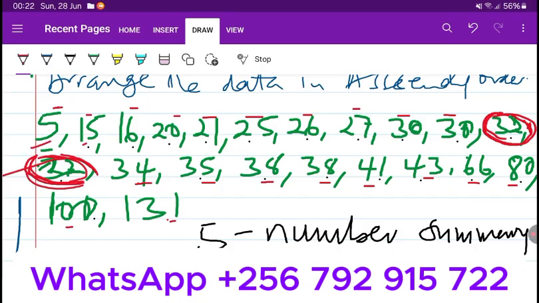This is 1, 2, 3, 4, 5, 6, 7, 8, 9, 10. Then 1, 2, 3, 4, 5, 6, 7, 8, 9, 10. So we are taking these two numbers to represent our midpoint.